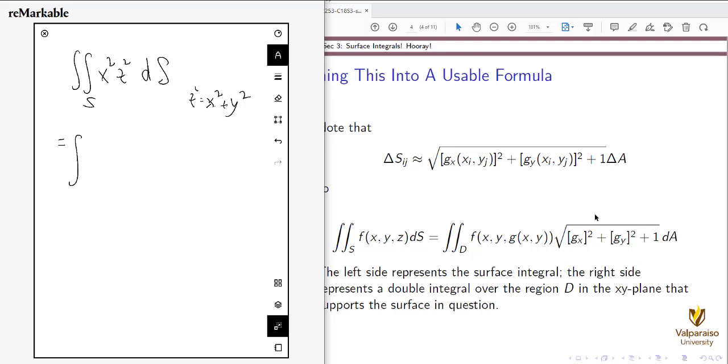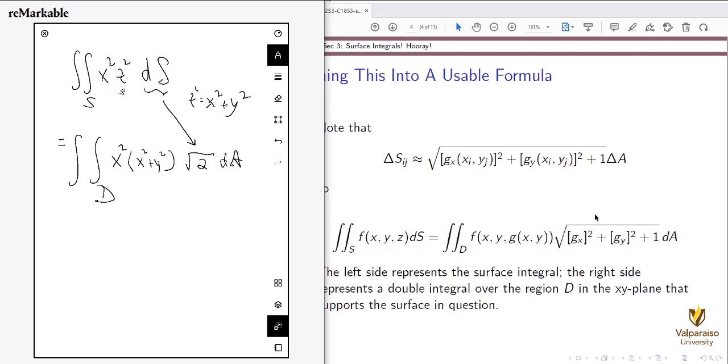So this will become a double integral in the good old-fashioned sense of x squared. Well, now we don't want z's anymore, but remember this is the function everywhere in the universe, where z could be anything. We are only interested in the values of this function on the surface on which z squared is x squared plus y squared. And then this ds is the thing that opens up into nasty square root, which here just turned out to be square root of 2 dA.